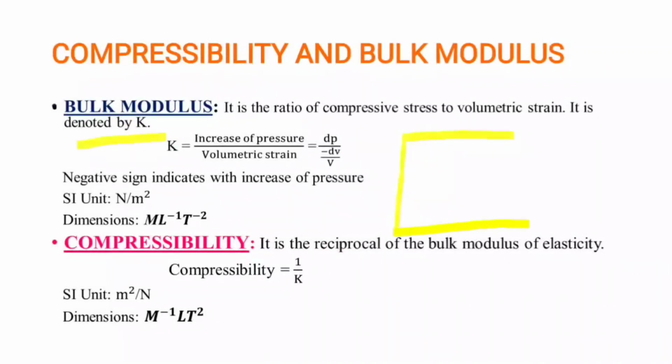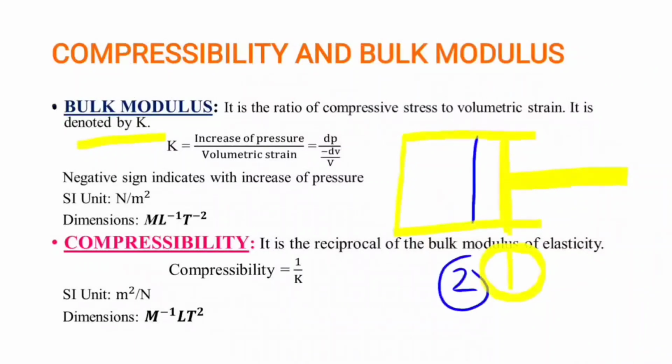I will give an example for this formula. Initially it is closed. The position of the piston is here, 1. The position 1 is changed to position 2.